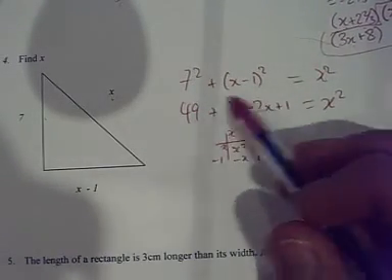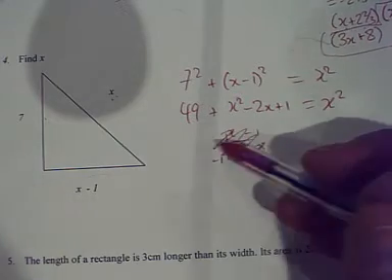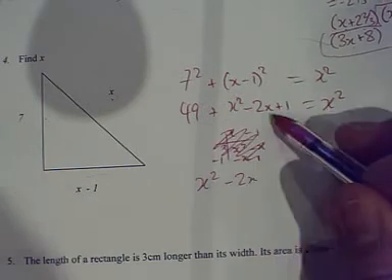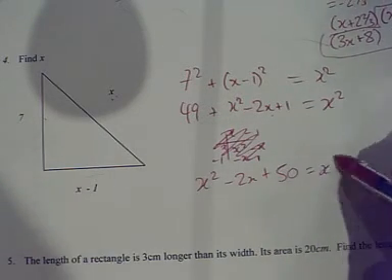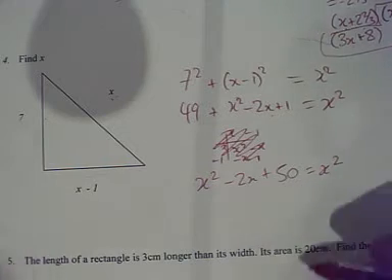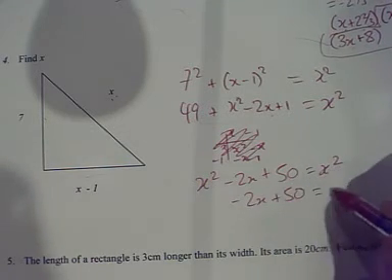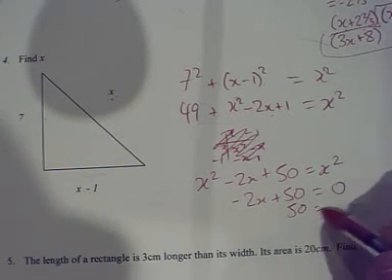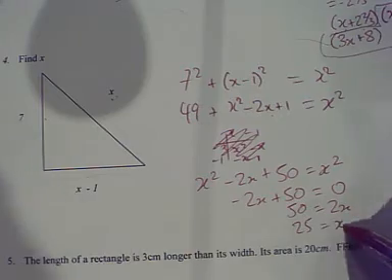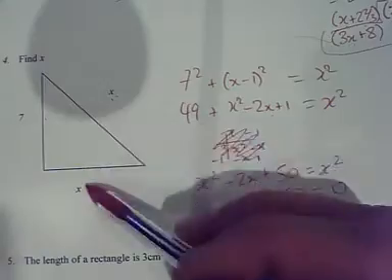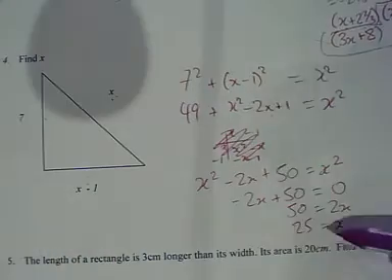Now, we've got some tidying up to do because we need to make this whole thing equal to 0. So let's tidy up this side first of all. We get x squared minus 2x plus 49 plus 1, so plus 50 equals x squared. Now you've got x squareds on both sides. You subtract x squareds from both sides, you get minus 2x plus 50 equals 0.